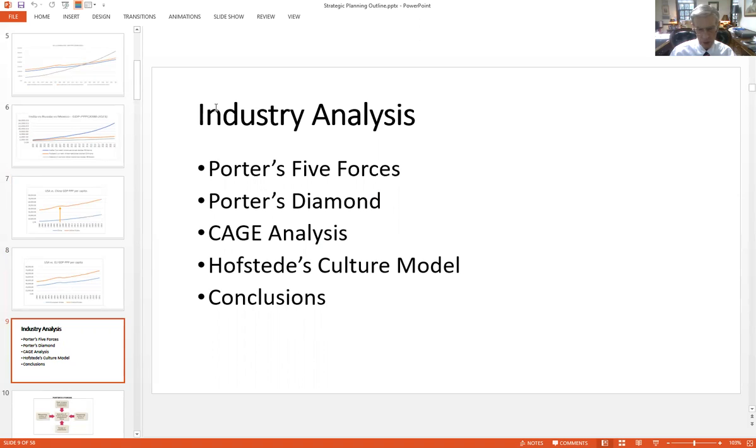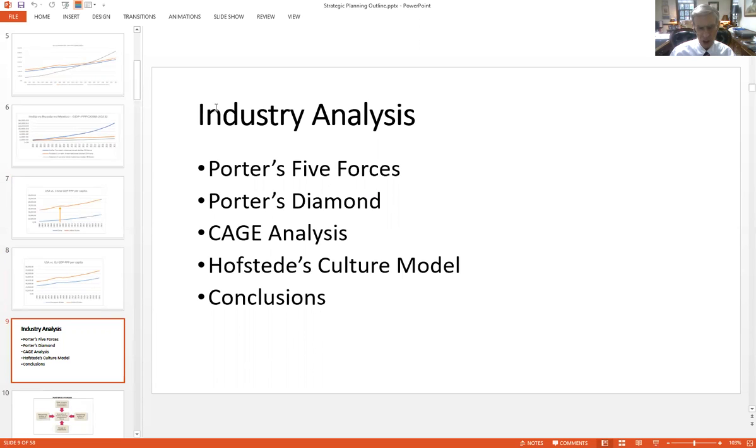And we've got some very good tools for doing that. Porter's 5 Forces, which tells us what the profit potential of an industry and the firms in the industry are, not what the profit will be, but what the potential for profitability is. Porter's Diamond, which tells you about the growth potential of a particular industry in a particular economy.